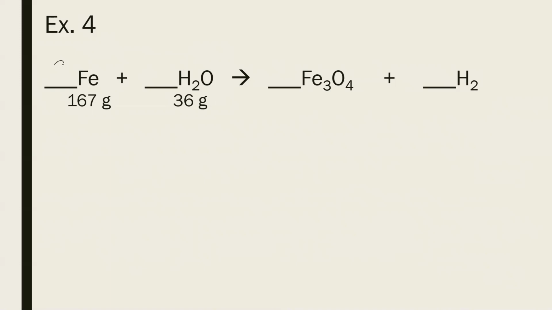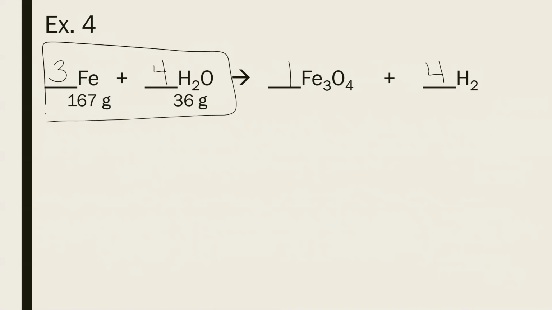Okay, 3, 4, 1, 4. Pick whichever one you want to start with, but we're only looking at these. If there's more than 2 reactants, only look at the ones I have numbers under.